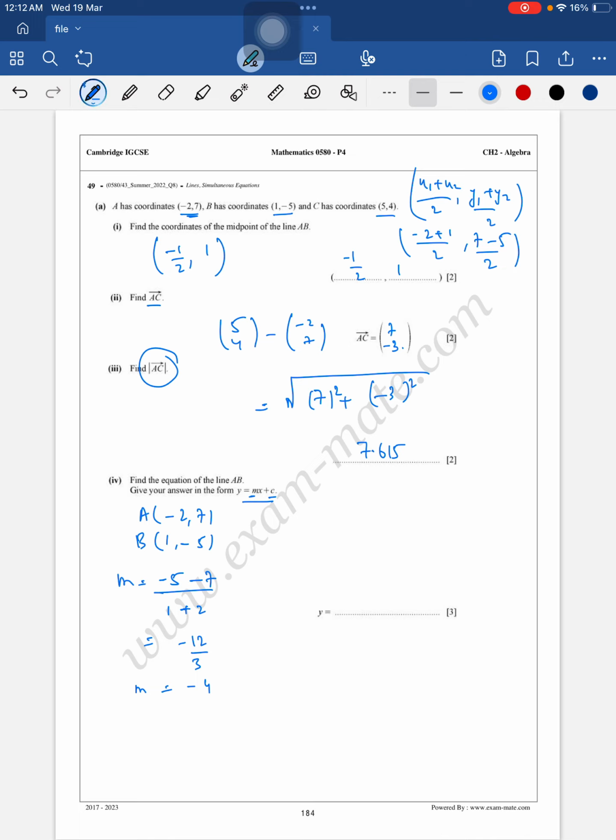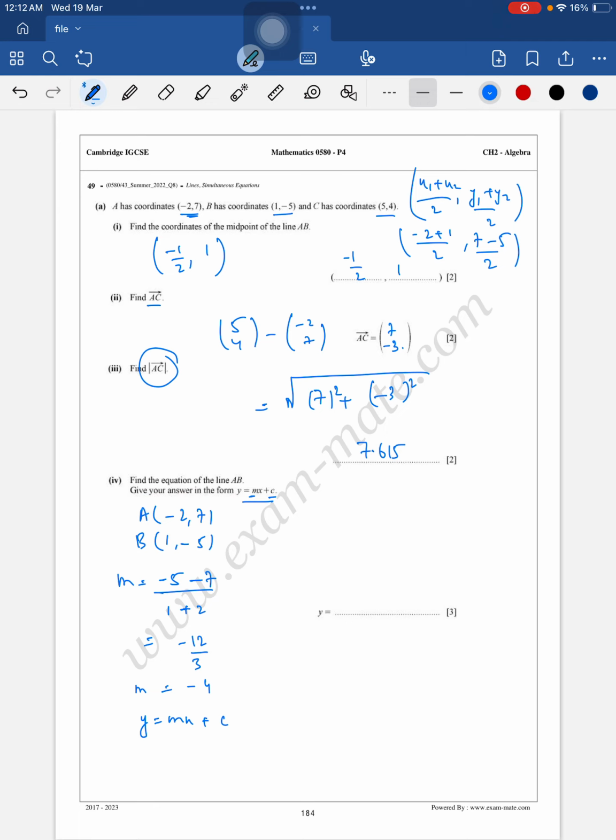Now put one coordinate in y is equal to mx plus c to get the value of the y-intercept, that is c. So I'm taking one point, for example minus 2 comma 7.